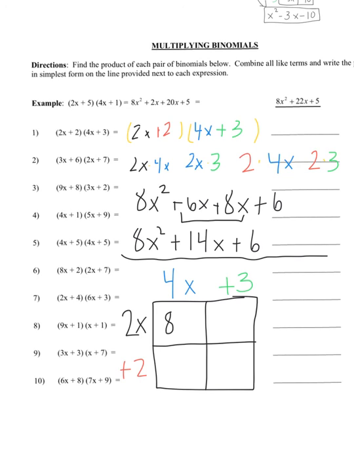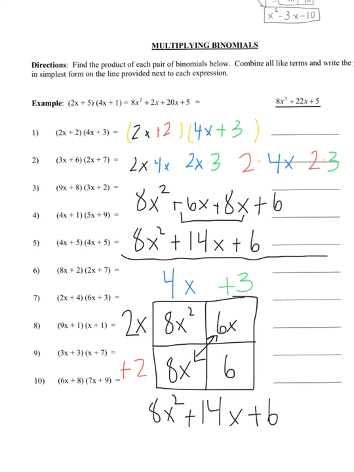We get 2x times 4x is 8x squared. 3 times 2x is 6x. 4x times 2 is 8x. And 3 times 2 is 6. The two terms that we have that are like terms are 8x and 6x. So we're going to write 8x squared, 8x plus 6x is 14x, and then the last box is the 6.